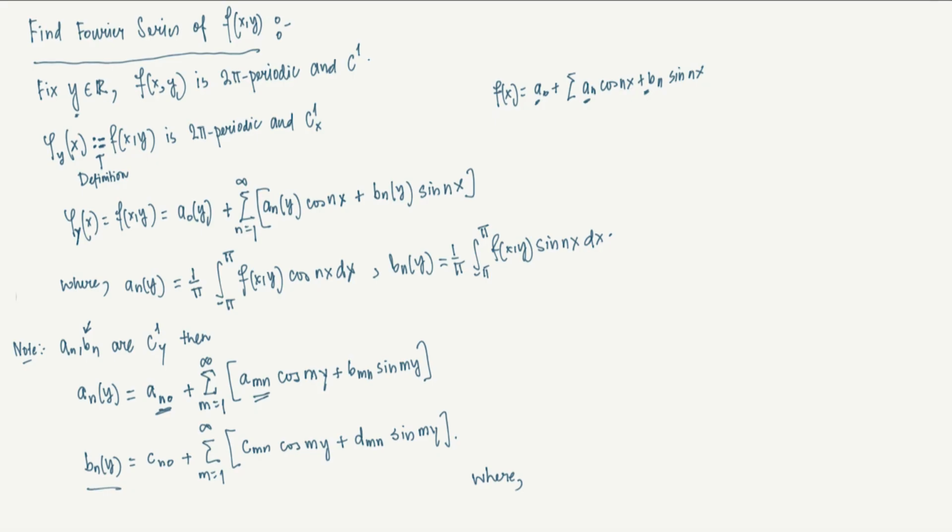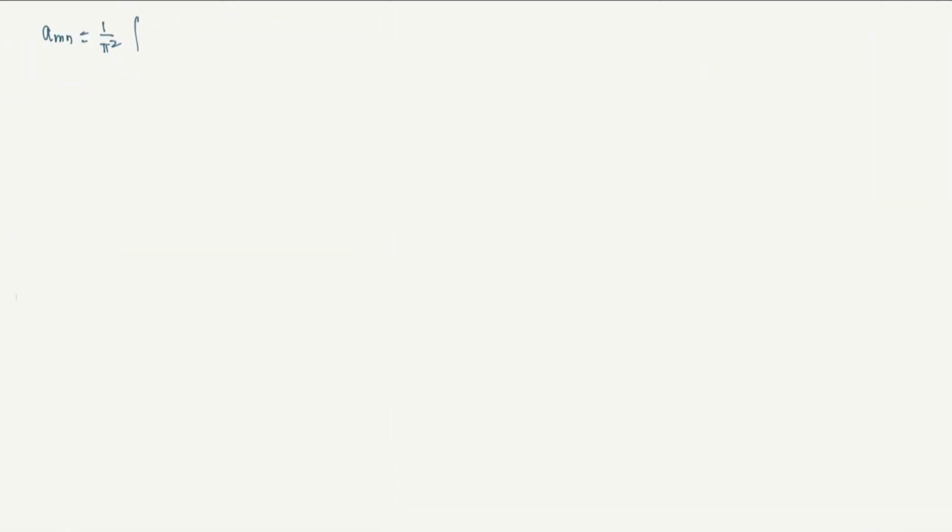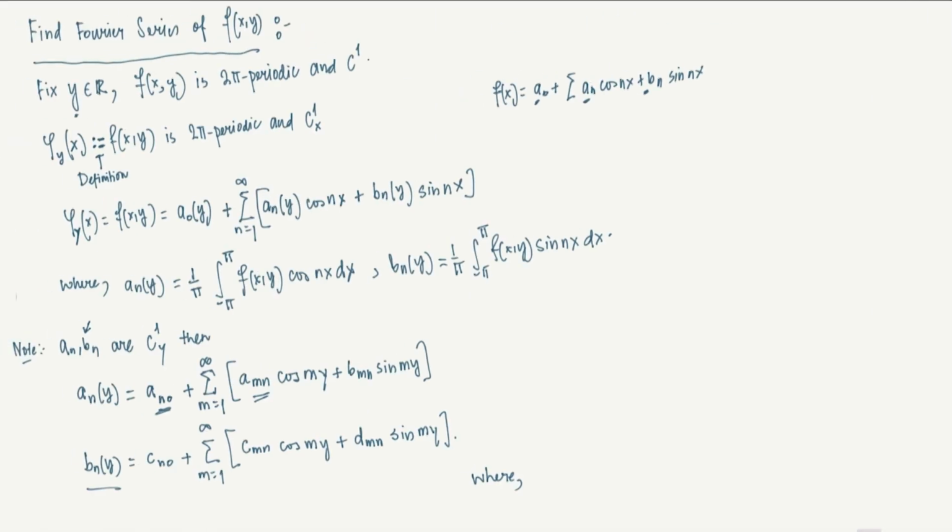So basically it becomes 1 by pi square, integral from minus pi to pi, again minus pi to pi, f of x y cosine nx cosine my dx dy. I hope this is okay. Yeah. So these are these coefficients: a_{mn}, b_{mn}, d_{mn}, c_{mn}. These are the coefficients which I am writing here.